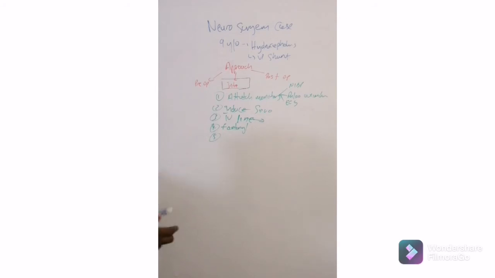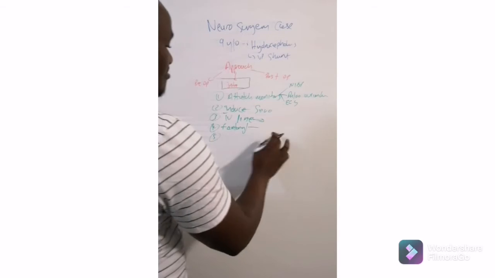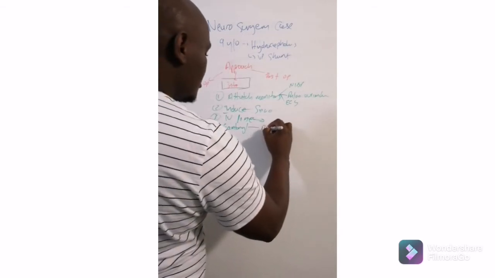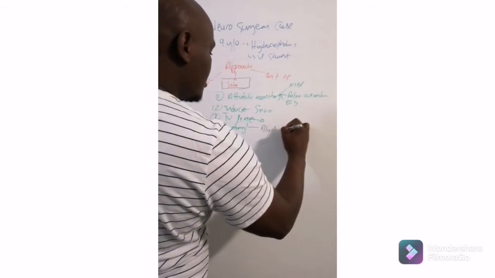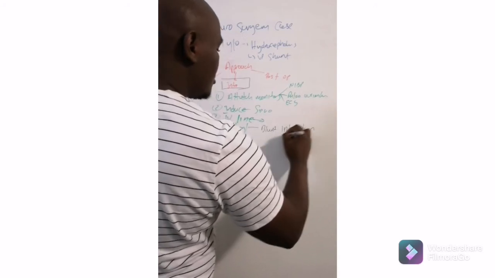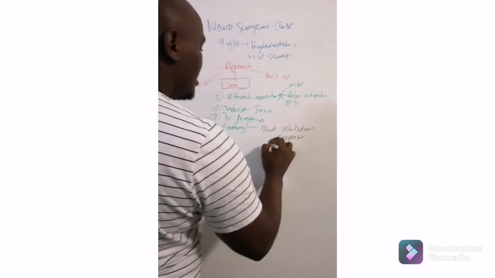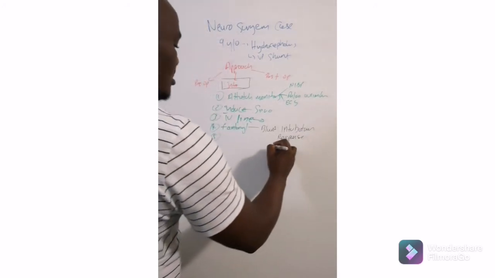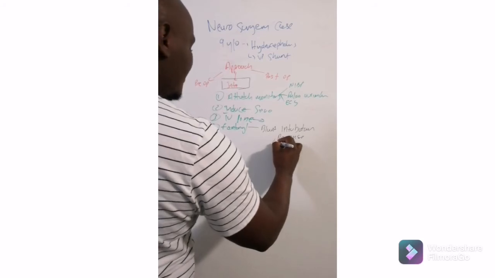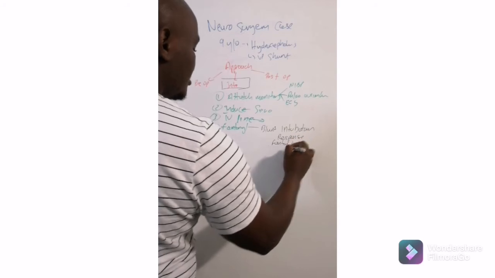Like I've always said, when you want to blunt an intubation response, the drugs of choice is like we've used fentanyl here, which is an opioid.